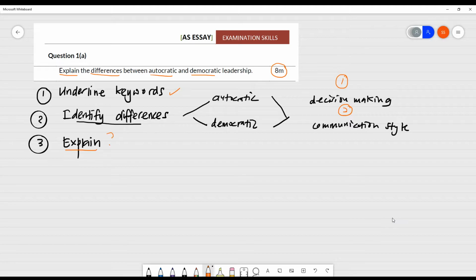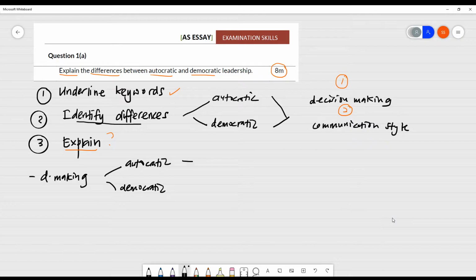We have not explained. Okay, so let's look at some points that we can talk about when we compare autocratic and democratic concerning decision making. All right, so in terms of decision making, right, an autocratic leader and a democratic leader have different ways of making decisions, right?